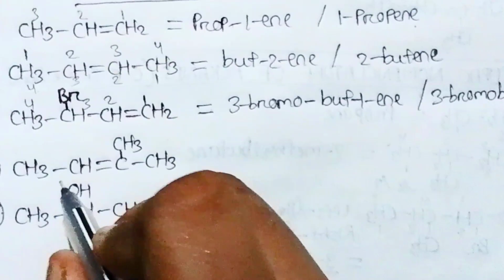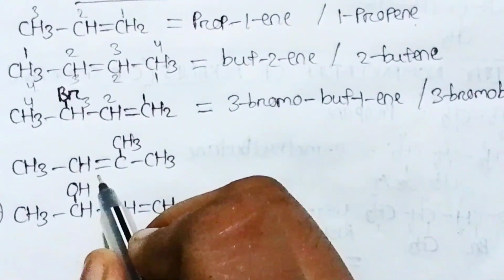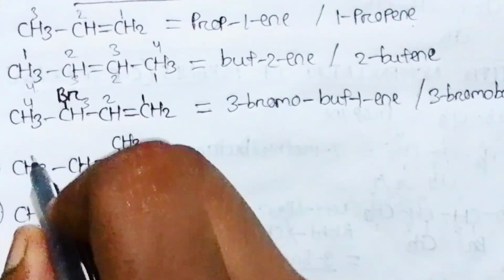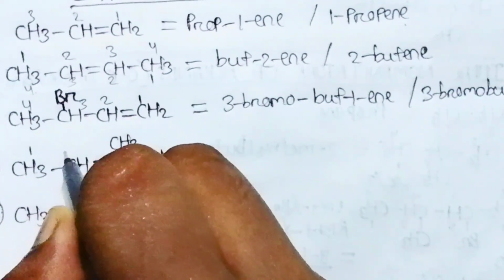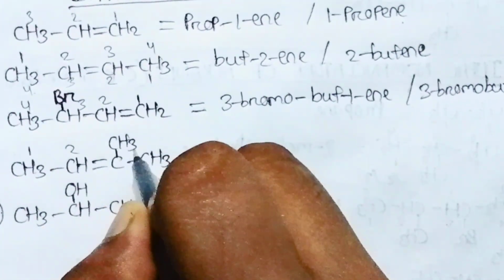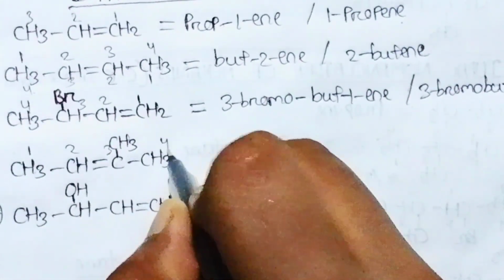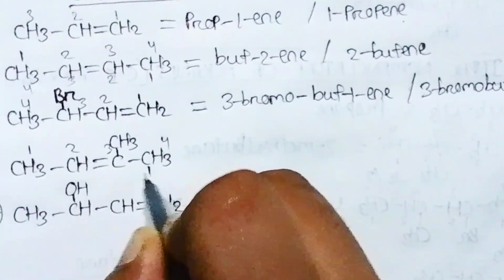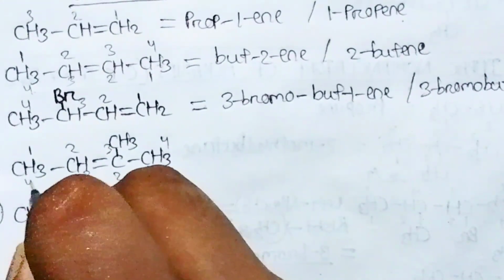Then come to the fourth question. Here we have to number it from the left side as 1 2 3 4, and from the right side as 1 2 3 4.